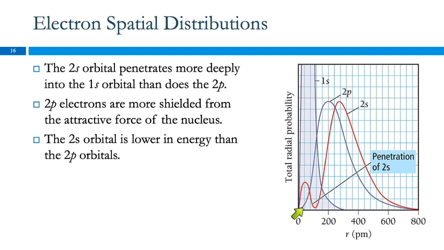But this orbital has a node, and so there's a little blip of probability here, and then a node, and then the big part of the probability. And so an electron in the 2s orbital can be over here very close to the nucleus and in the space of the 1s orbital. So this is the penetration of 2s.